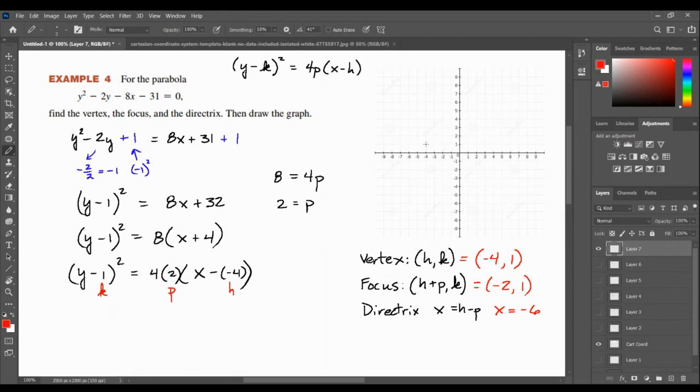Negative 4, 1 is the vertex. Negative 2, 1 is the focus. I've got my vertex, I've got my focus. The directrix is x equals negative 6, which would be a vertical line through negative 6. And the focus is always inside the cup, so this thing's going to open to the right.